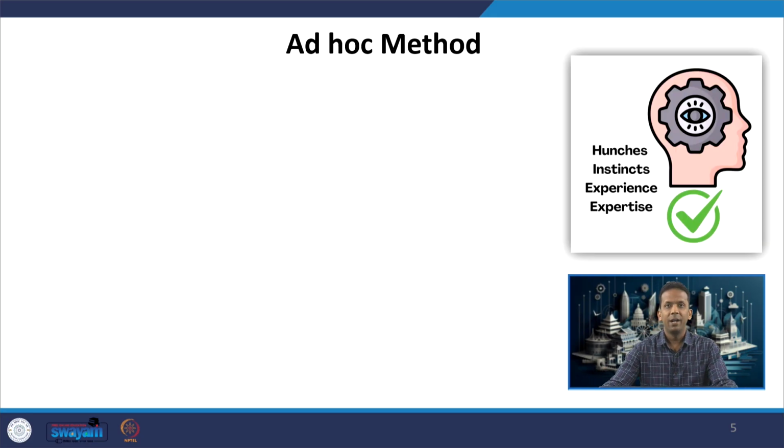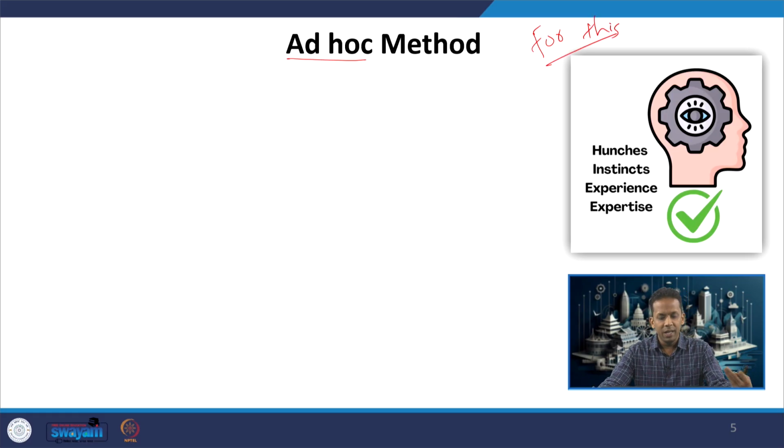So, starting with ad hoc method. The word ad hoc, what does it mean? It means something to be done right now for a specific purpose. It is a Latin word, the meaning of which is for this.